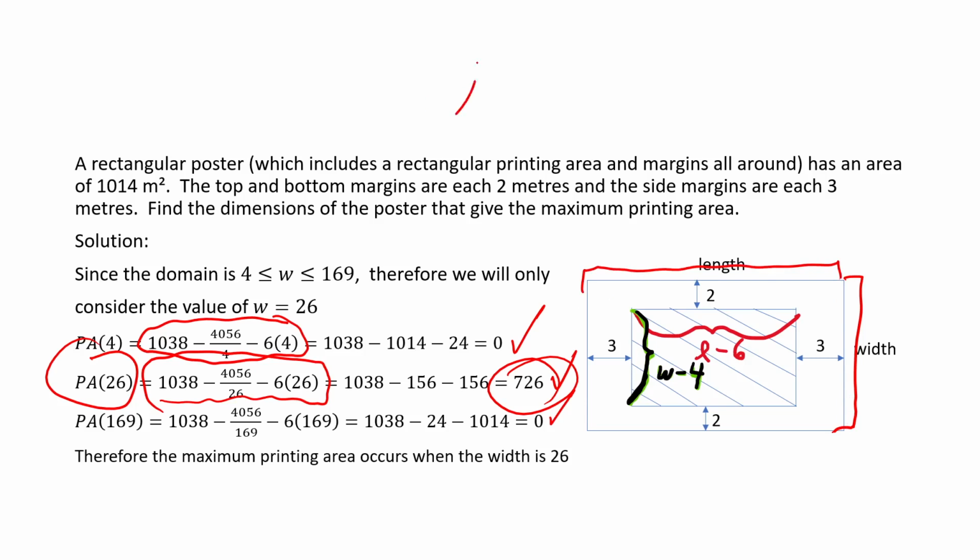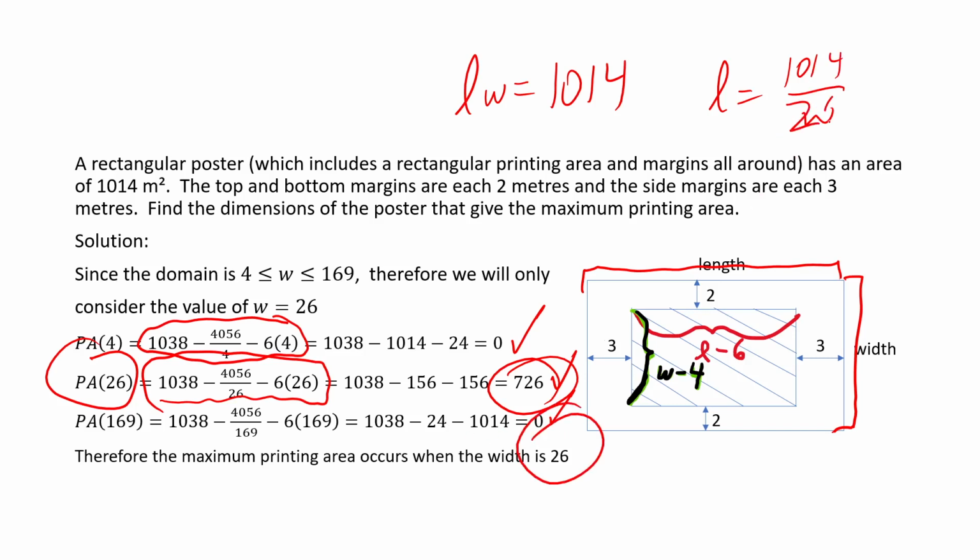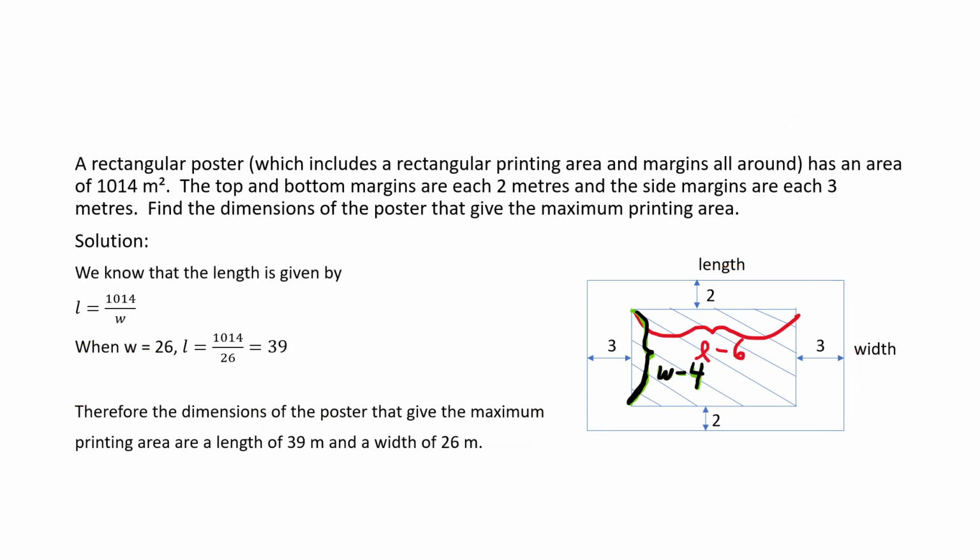Keep in mind that we know L times W is 1,014, or in other words, L is 1,014 over W. So all we have to do is take this 26, plug it in for W, and determine what L should be. When we do that, we get L is equal to 39. And so the dimensions of the overall poster that maximize the printing area are a length of 39 meters and a width of 26 meters.